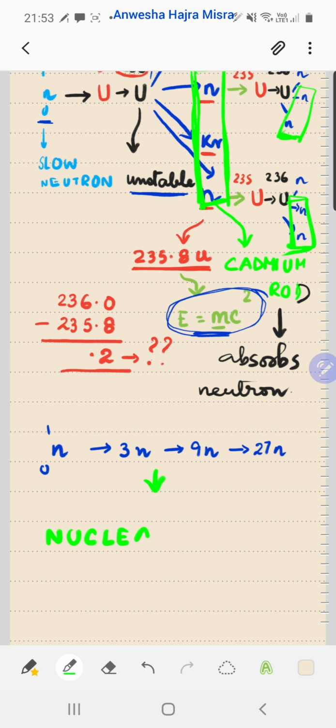Einstein wanted to form a nuclear reactor.